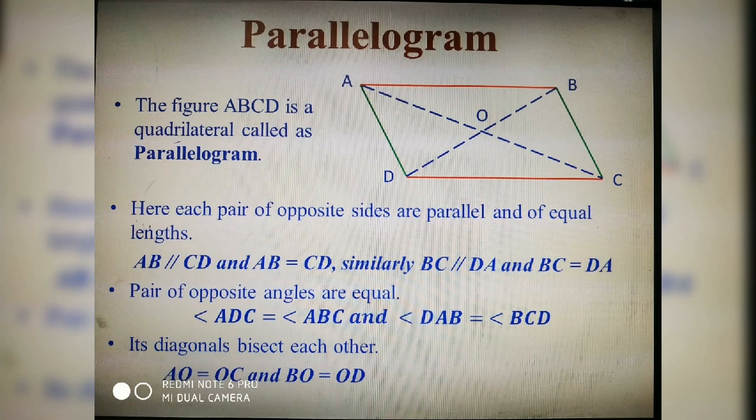Here AB is parallel to CD and BC is parallel to DA. In a parallelogram, opposite sides are equal. Here AB is equal to CD and BC is equal to DA. In a parallelogram, opposite angles are also equal. Angle ADC is equal to angle ABC and angle DAB is equal to angle BCD.